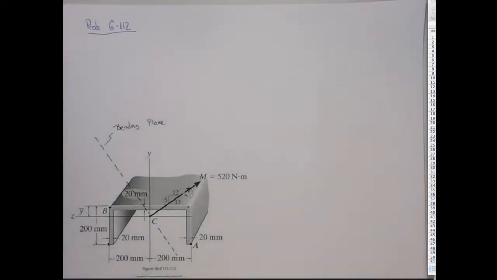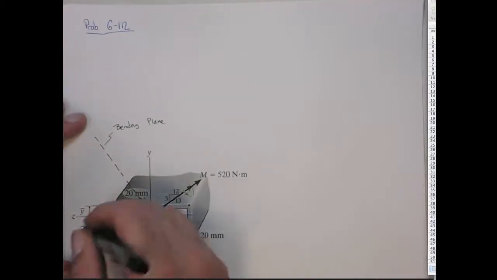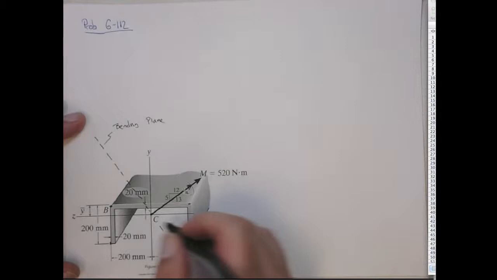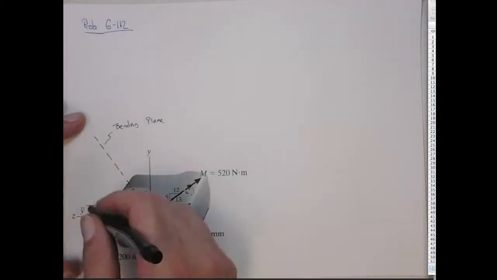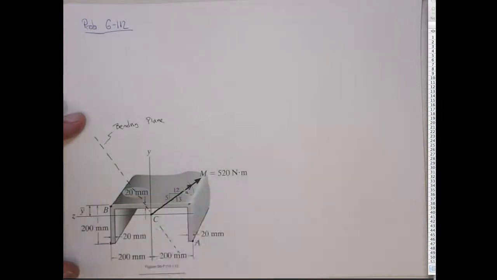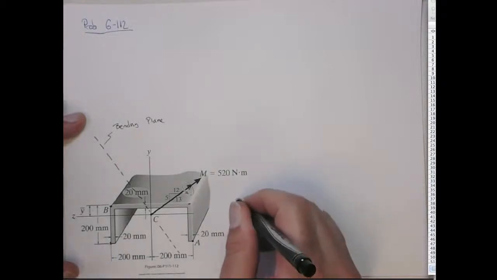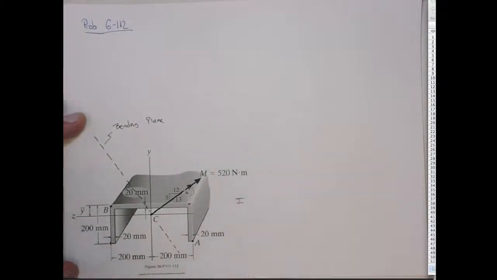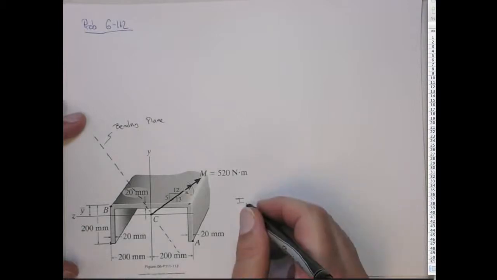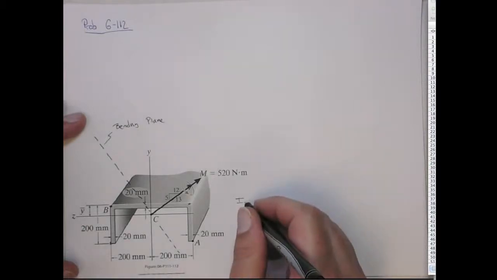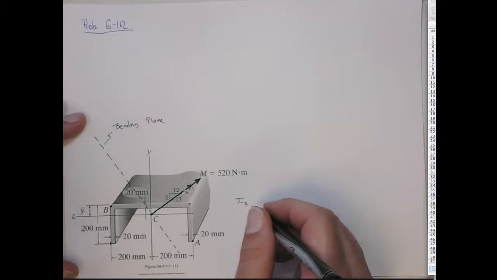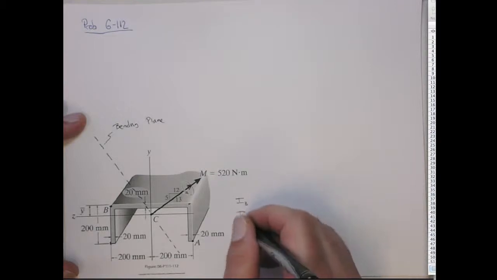All right, we also will need to compute the location of the centroidal axis, this y bar from the top fiber, all right? And also we're going to need the second area moments, the inertia products around the z-axis and the y-axis. All right, so we need to compute those.